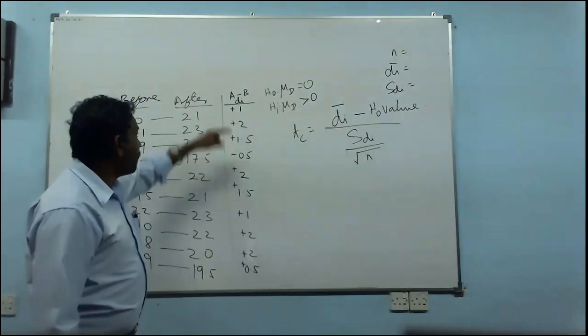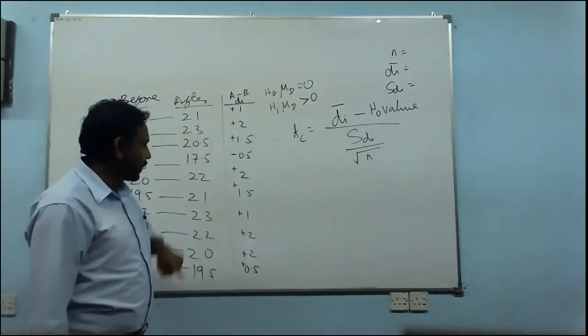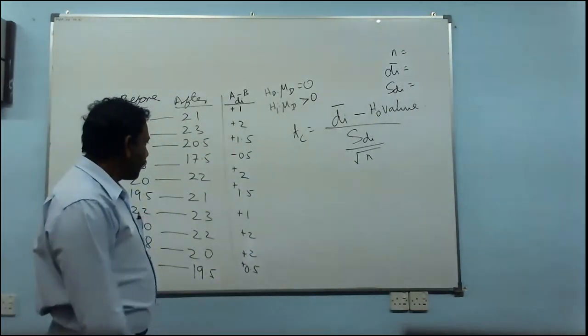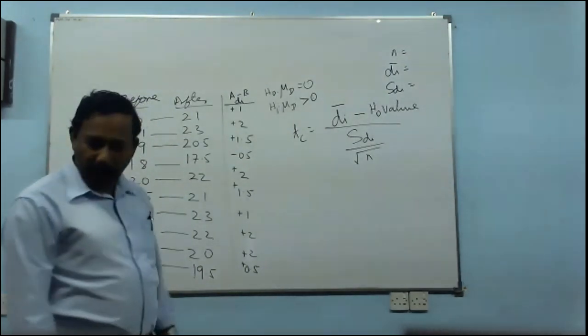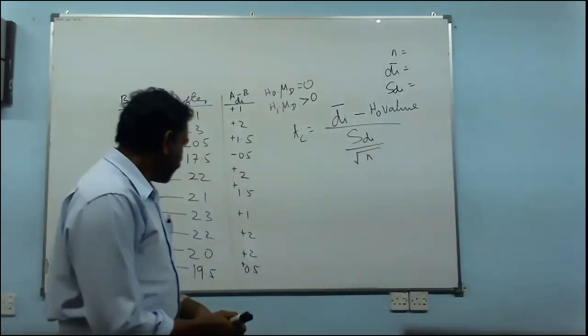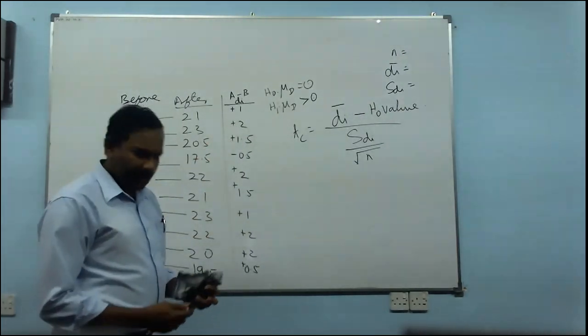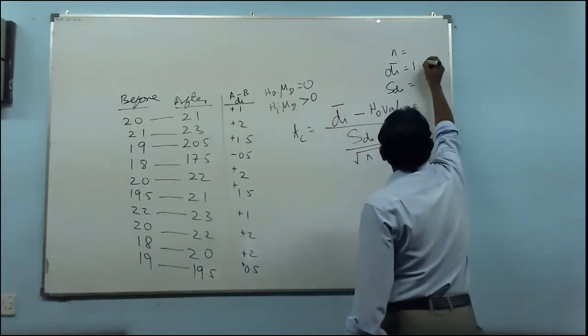For example, this plus plus plus plus plus plus plus plus plus plus. What is the average value? 1.3. Yes, that is good. You add all the values in a normal way, and you will end up with 1.3.